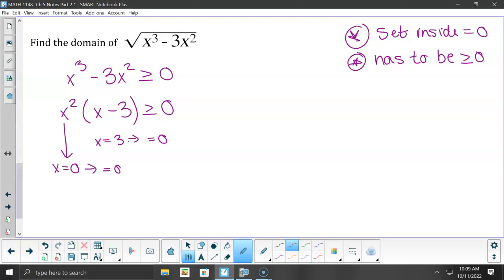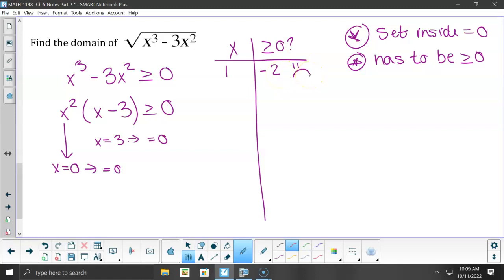So let's pick 1. If I plug 1 in, what do I end up getting? Negative 2. That is not greater than 0, so sad face.